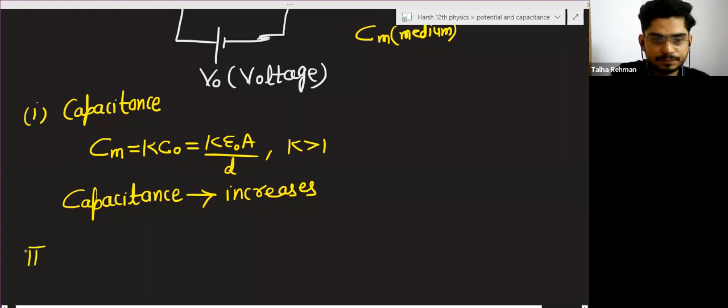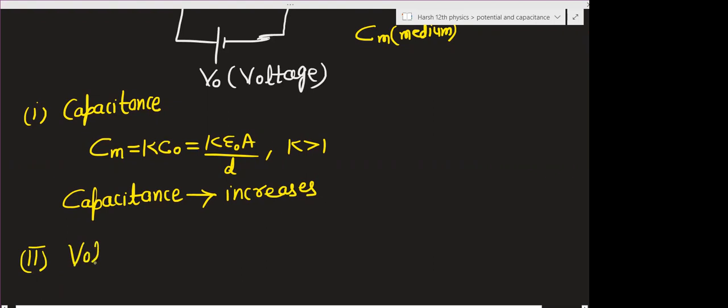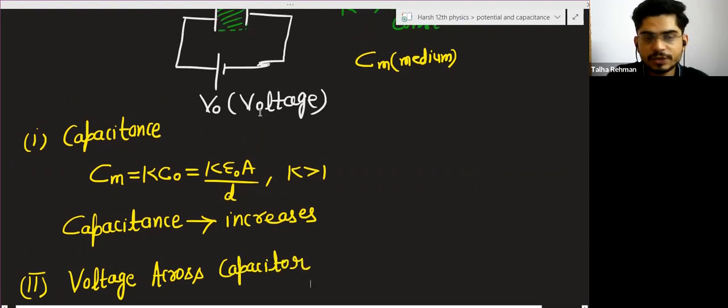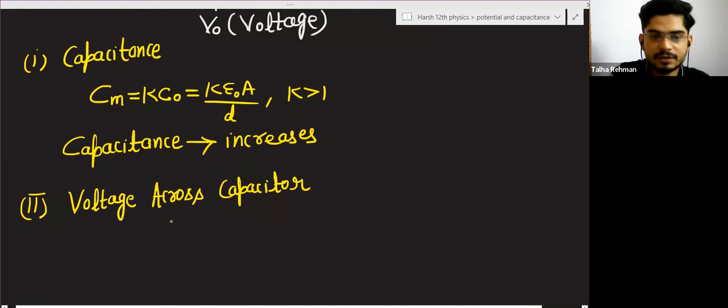Second point, now voltage. Voltage across the capacitor. Harsh, what is the voltage? We know the battery is connected. Very good, voltage is V naught.